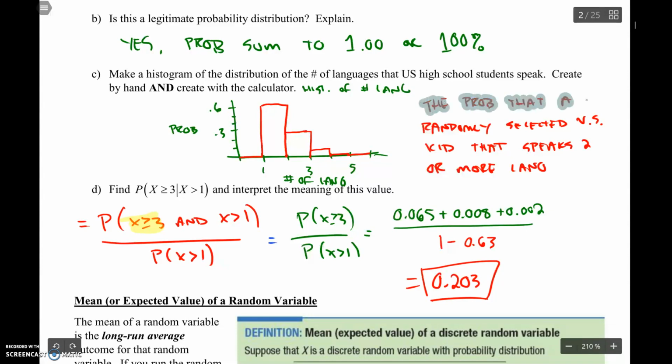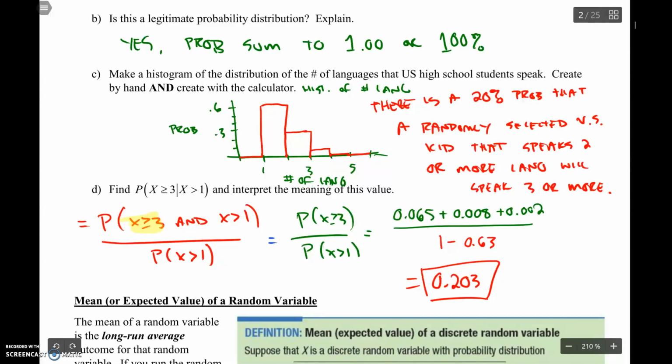If we're going to interpret the 20%, we should actually use the 20%. I'm sorry. We should say there is a 20% chance that a randomly selected United States kid that speaks 2 or more languages will speak 3 or more.